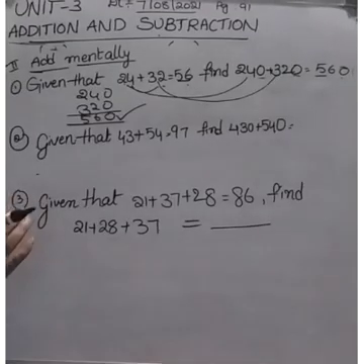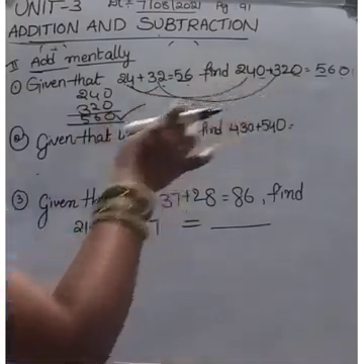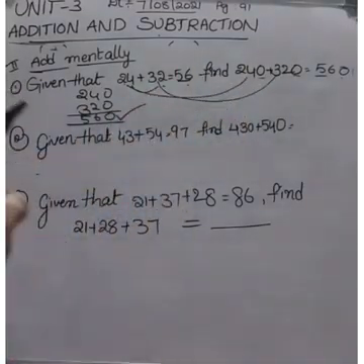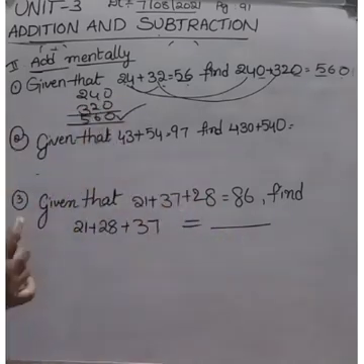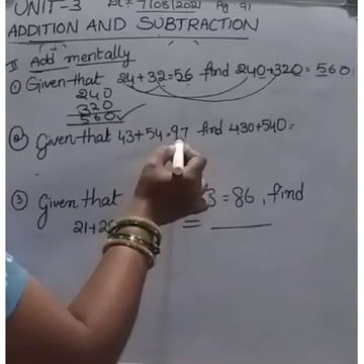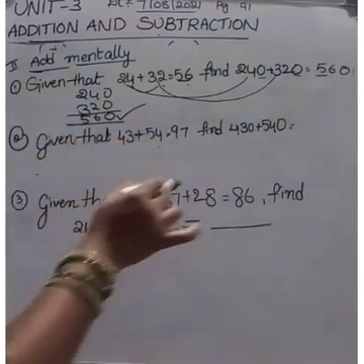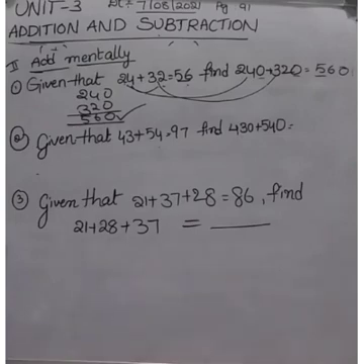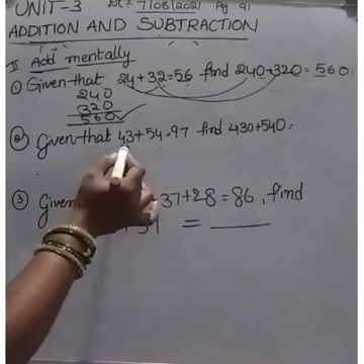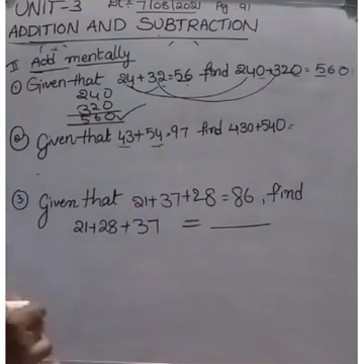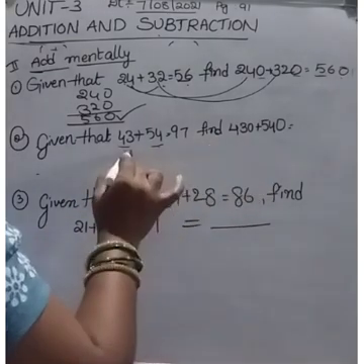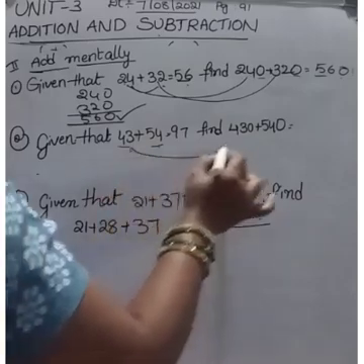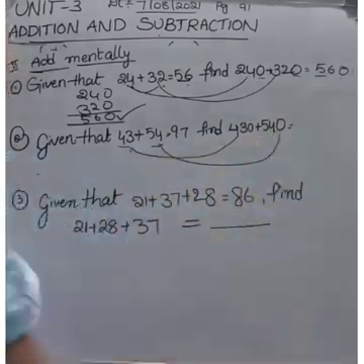Next, first you have to observe clearly. After that you have to do it. Second one, given that 43 plus 54 equal to 97, find 430 plus 540. Here also 43 and 54 are 2-digit numbers. Here 43 becomes 430, then 54 becomes 540.